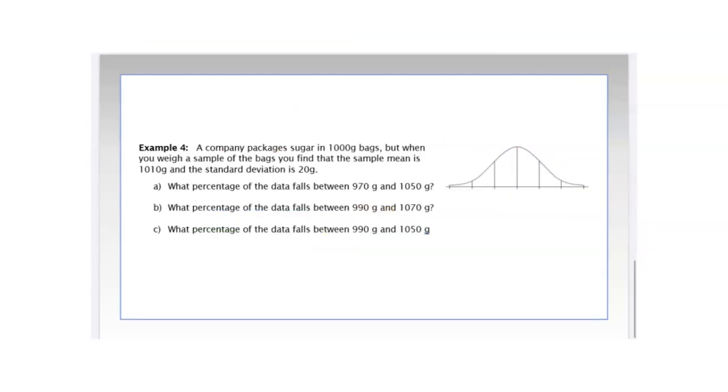All right, example 4. We have a company packages sugar in 1,000 gram bags. When you weigh a sample of the bags, you find that the sample mean is 1,010 grams and the standard deviation is 20 grams. Then we're asked 3 questions. So let's start off like we have done in the past.